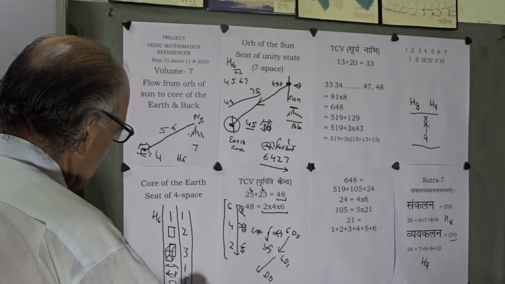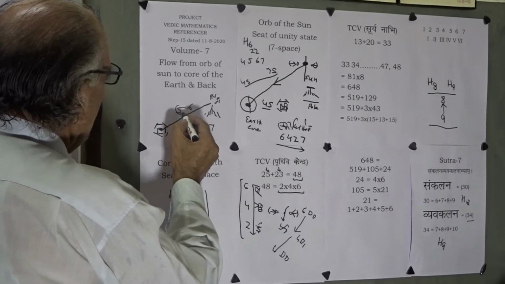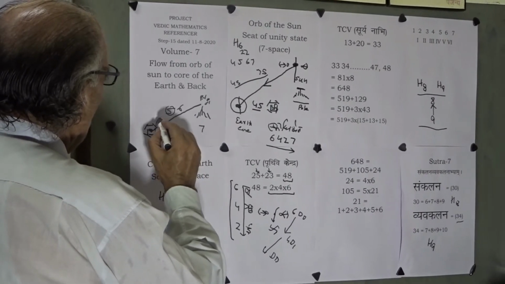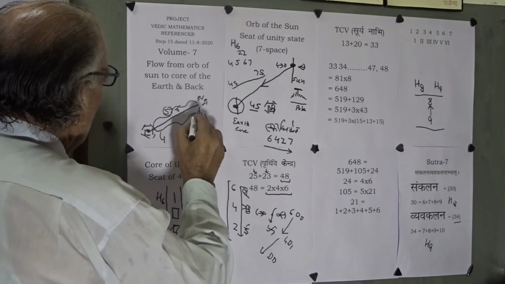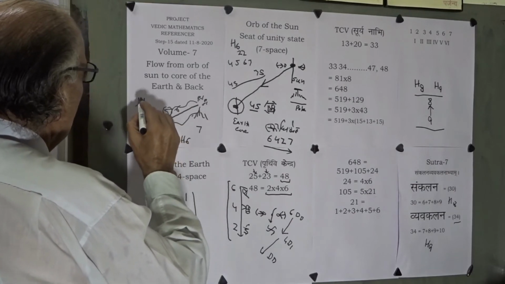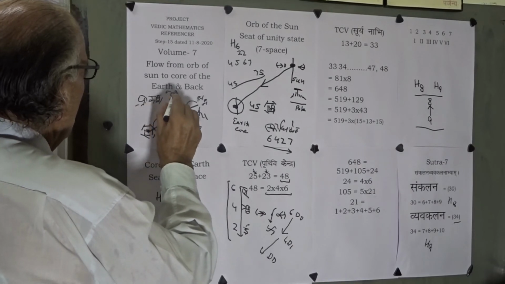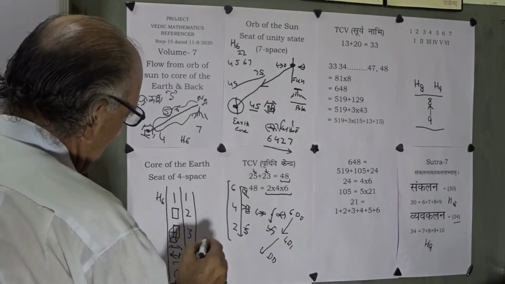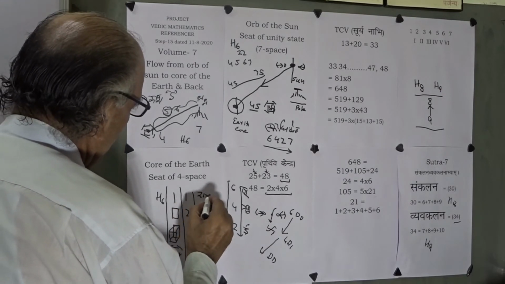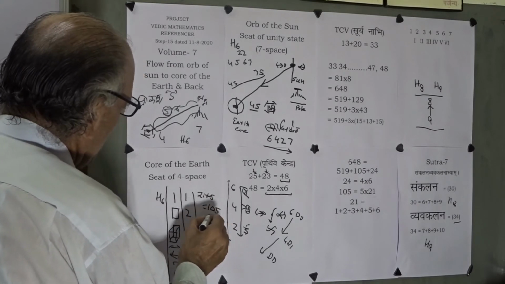Now along this format, this 5 space, which is at the transcendental boundary of 6 space, is to flow. It is the Akash Tattva, the 5th element, the transcendental boundary of 6 space. So we will have this 21 multiplied by 5 is equal to 105.